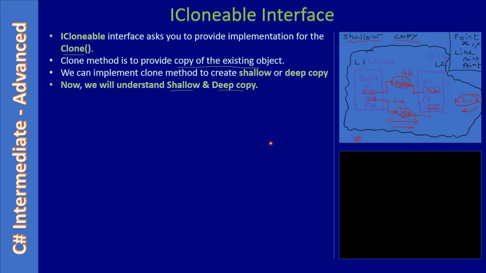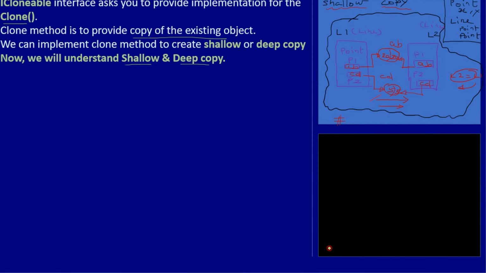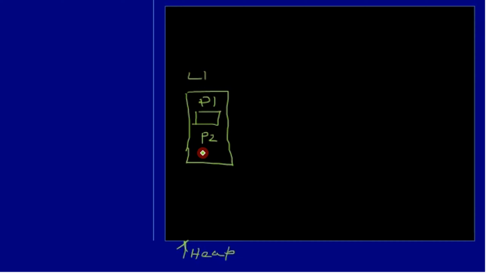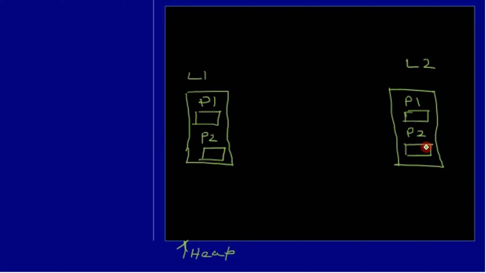Alright, now let us talk about deep copy. Once again, let's say this is the heap. Inside the heap, we have the same object L1, which contains point P1 and point P2. Let's also consider L2, with P1 and P2.